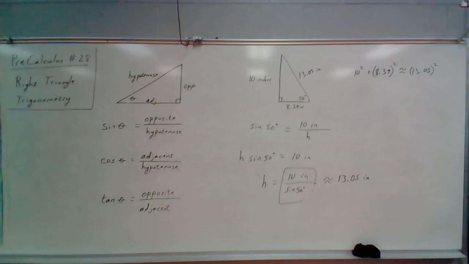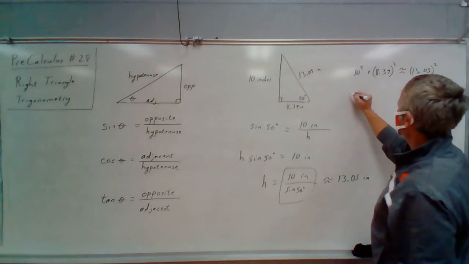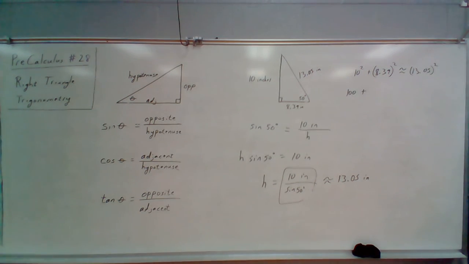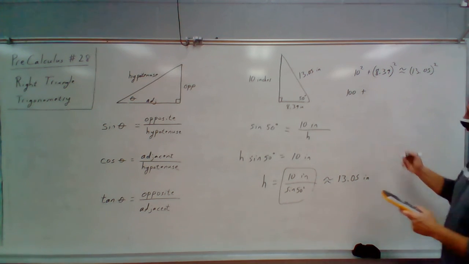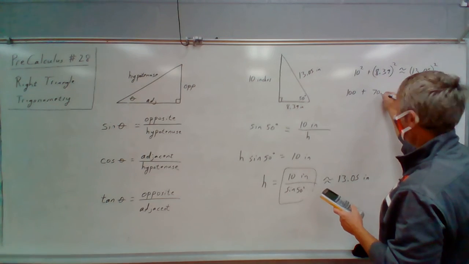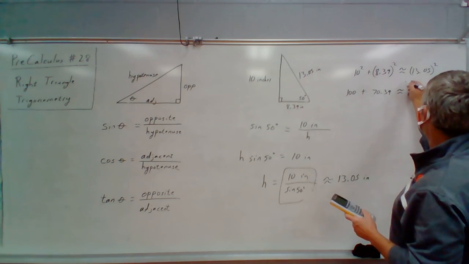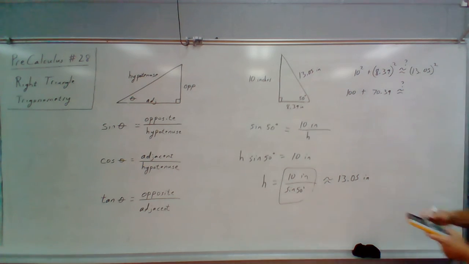All right, let's see if that works. So 10 squared, that's 100. 8.39 squared, talk to my calculator, and I get 70.39. So we're asking this question here.